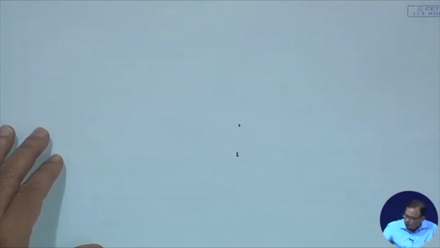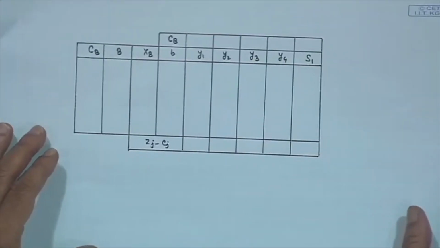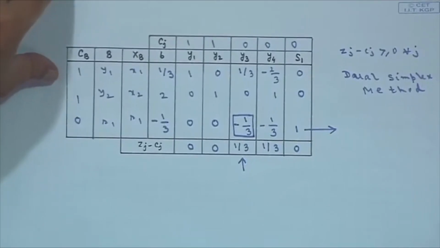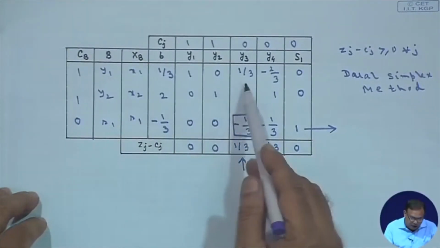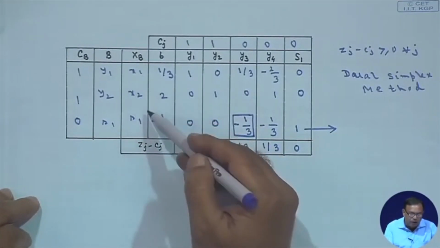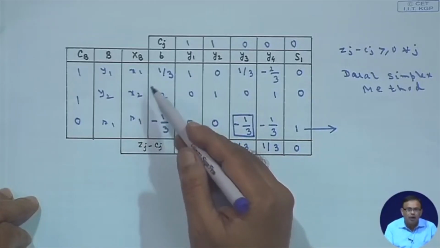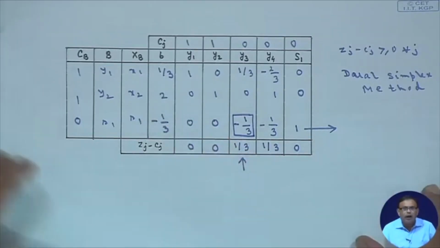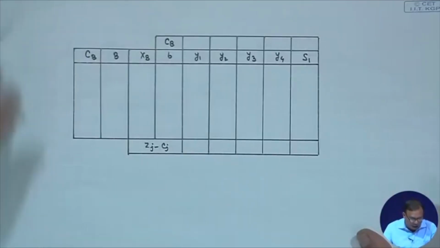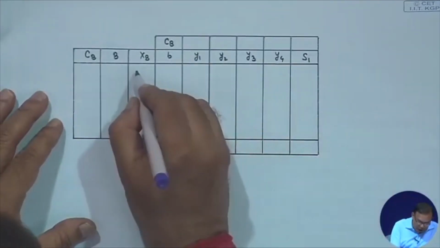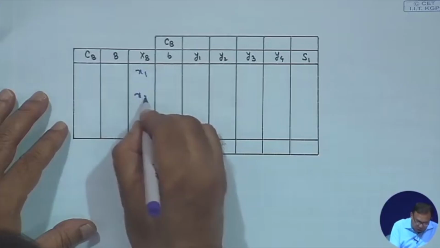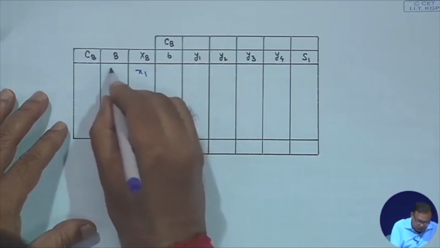So, if I take the next table, S1 will be replaced by x3. So, in the basis for the next table you will have x1, x2 and x3. Let us write down these three, x1, x2 and x3.